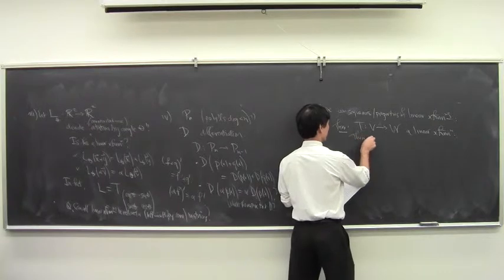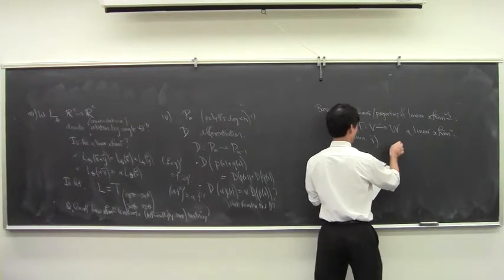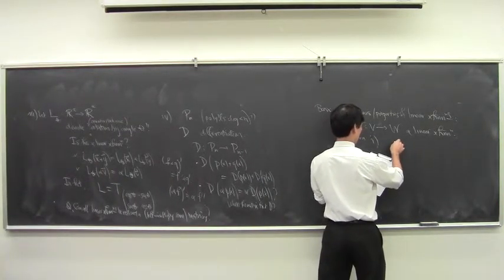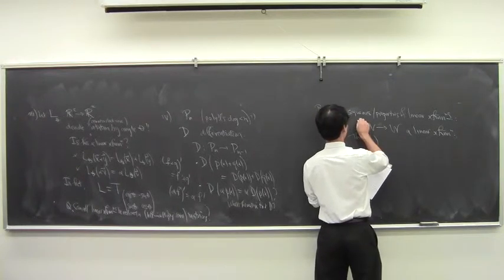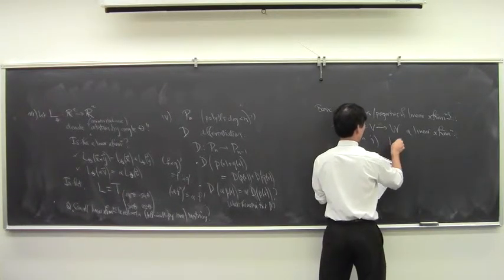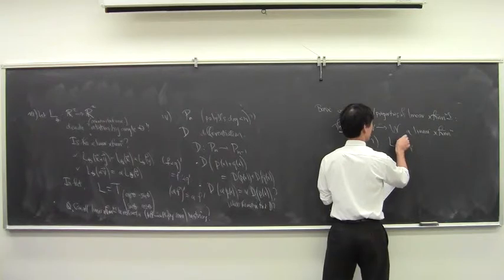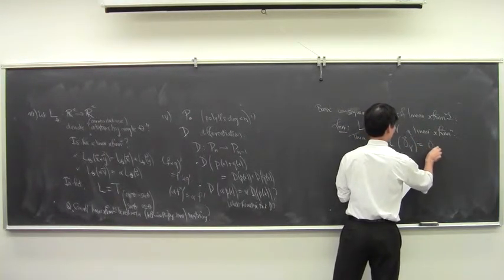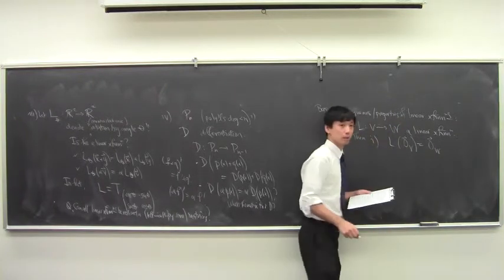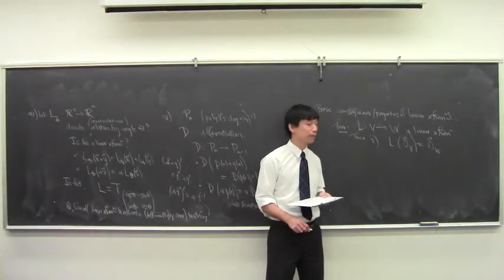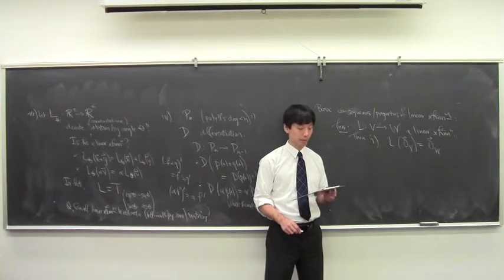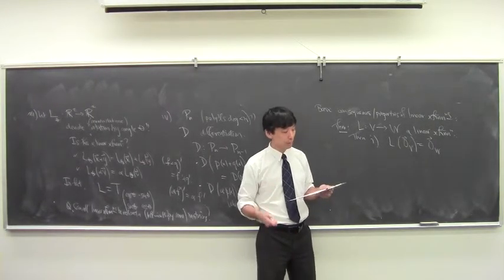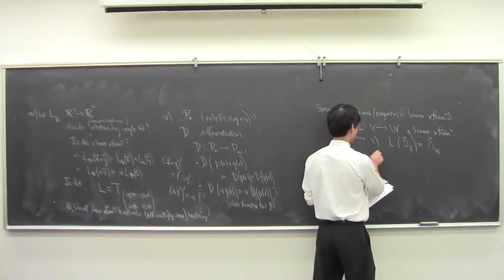Then property number 1. I'm sorry, I should call it L, as I have in my notes. L of the 0 vector of V turns into the 0 vector of W. So L preserves the 0 vector. Right? The 0 vector of the first space will become the 0 vector of the second space.